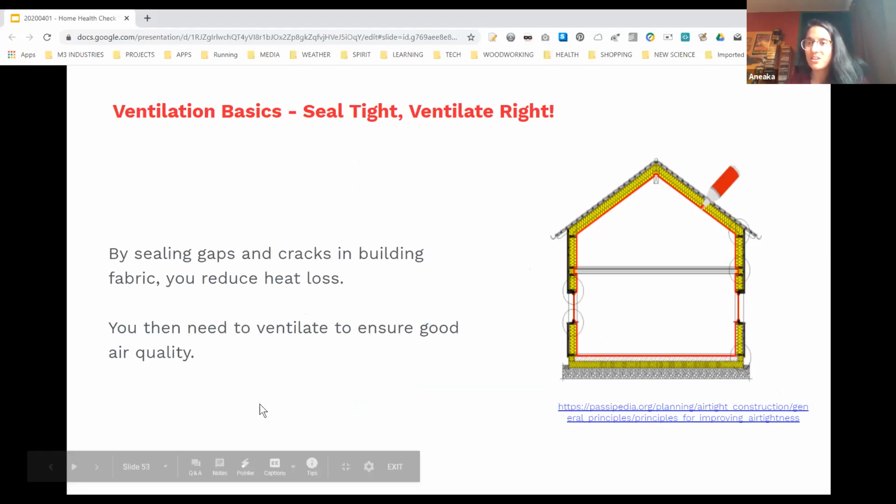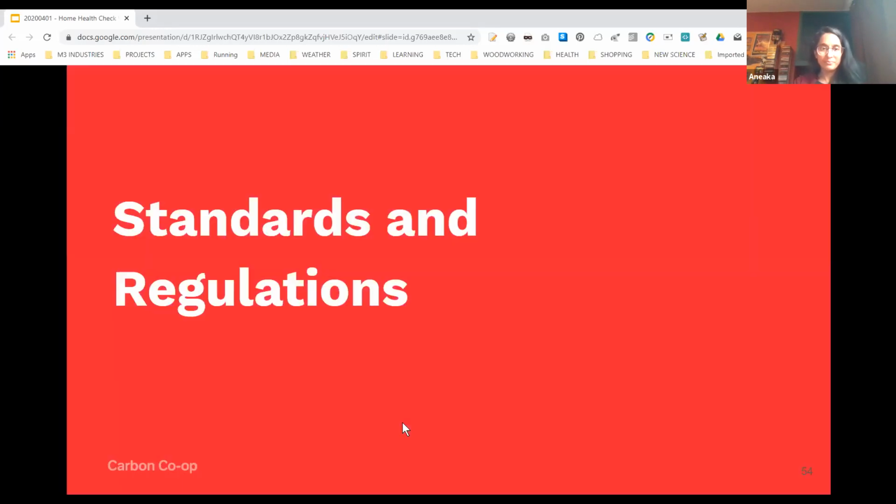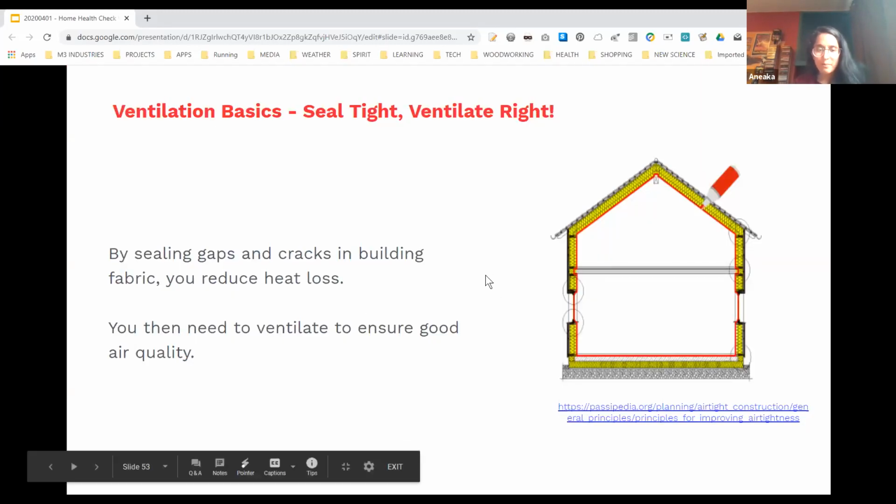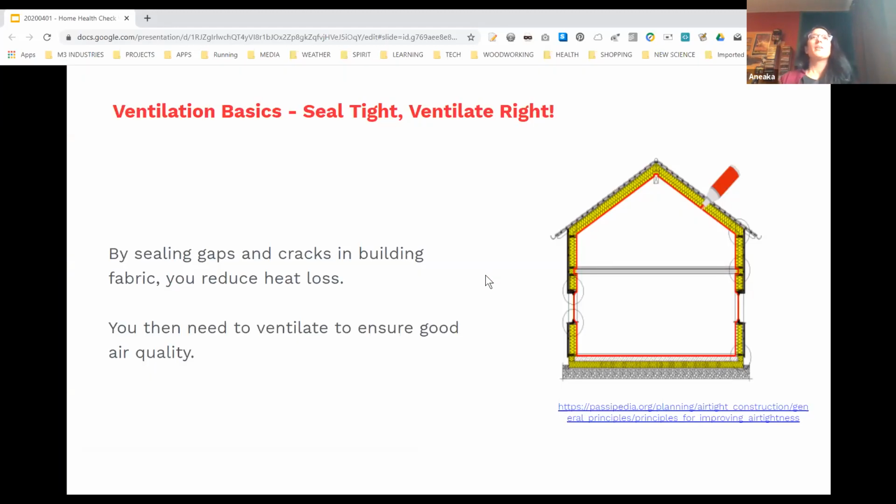I've been talking about air tightness a lot. This basically means sealing up all the gaps and cracks in your building to reduce heat loss. A good way to think about this, and it helped me, is if you imagine an old cardboard box that's a bit rough around the edges, has gaps in quite a few places, and you put an extractor fan in one point and a gap in the other point.